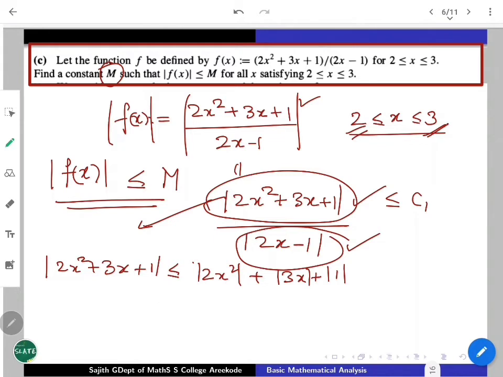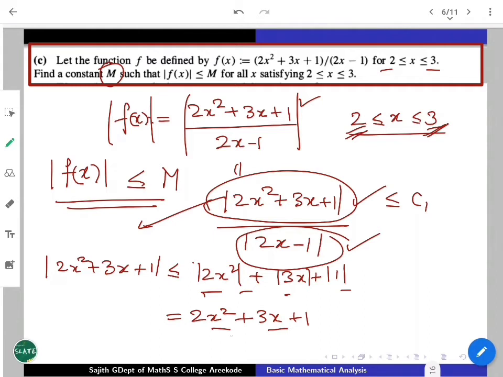By the way, everything is between 2 and 3. They are all non-negative, so I don't have to bother about these. So what I am going to get is 2x square plus 3x plus 1. Now remember, x is varying from 2 to 3. So on this right hand side, x can go up to 3. The maximum evaluations are given here. So I will make use of that. Mod x is at most going to be 3.